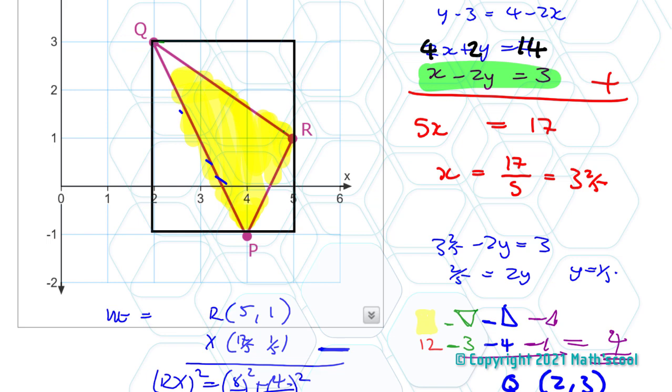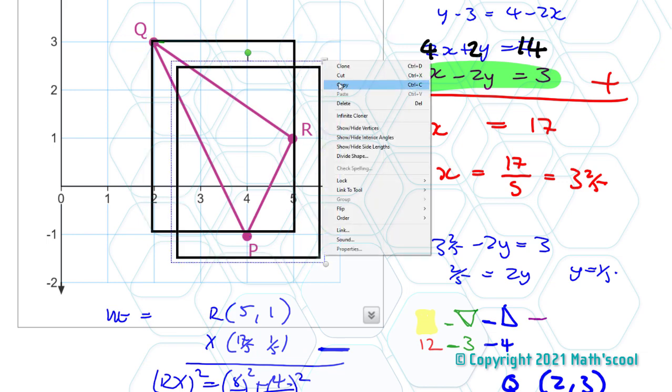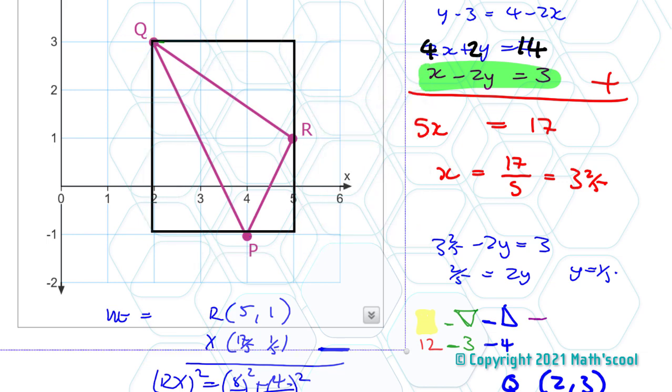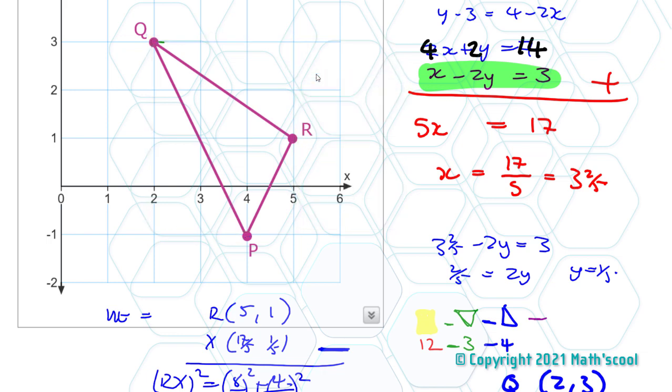There is even a third method that you could use. What you do is you work out the gradient of this line. You work out the gradient of this line.